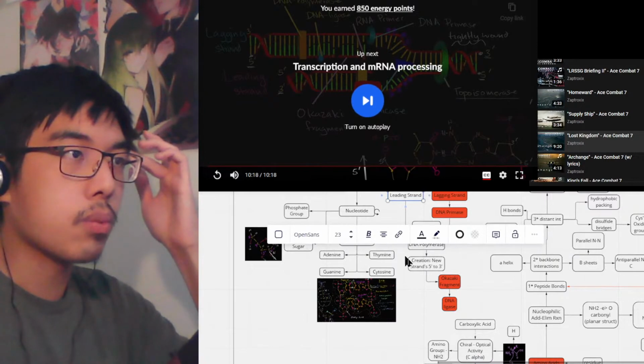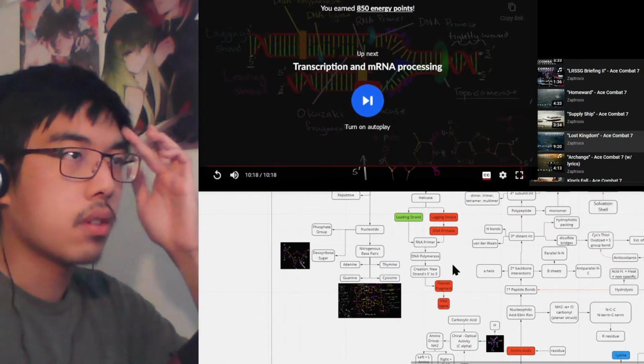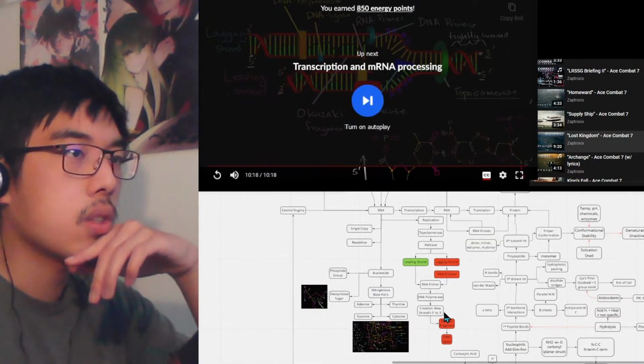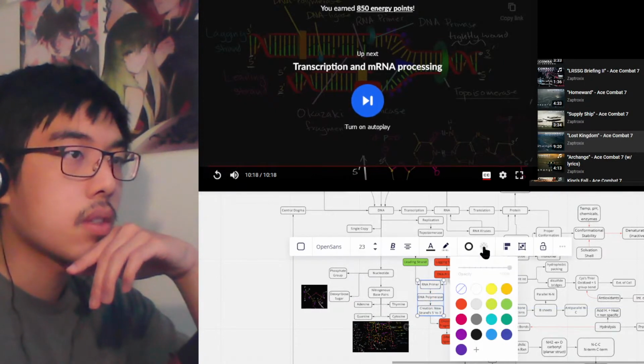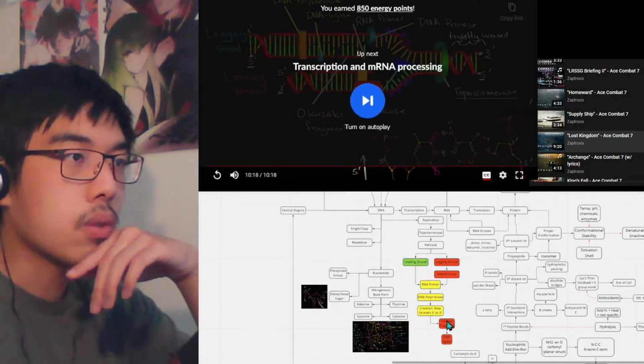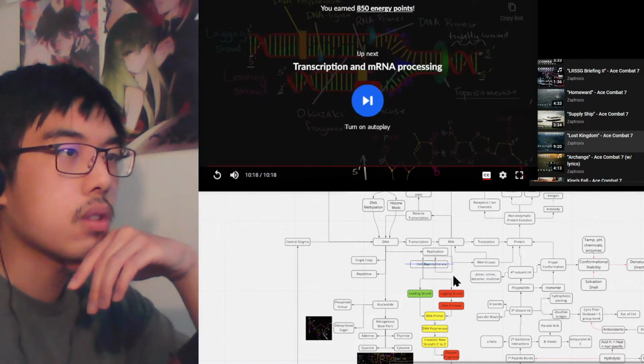And then this will be green. We're going fast. Alright, nice. And then this can be yellow, which is like in between red and green, I think. Don't yell at me, I'm not a color theorist. Alright, so looks pretty good.